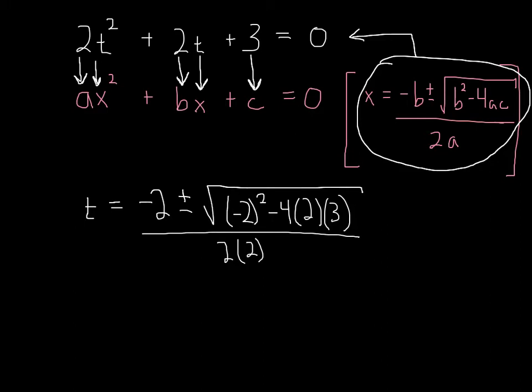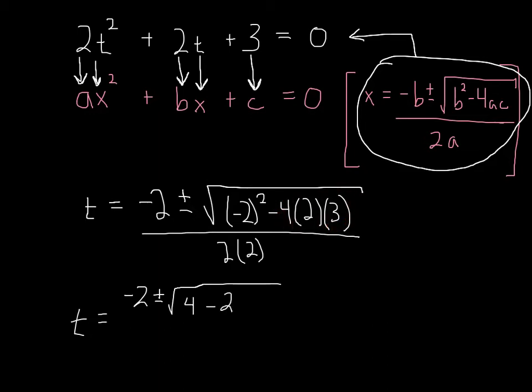So now I need to actually start solving this equation. So I can just start plugging in my numbers and typing them into a calculator or doing them in my head. So I can find t is equal to negative 2 plus or minus the square root of negative 2 squared, which is going to give me 4, minus 4 times 2 times 3. 4 times 2 is 8, times 3 is 24.